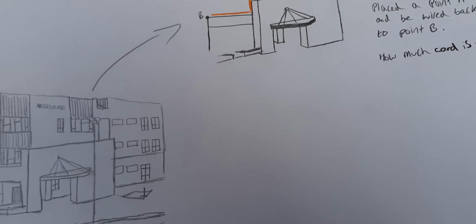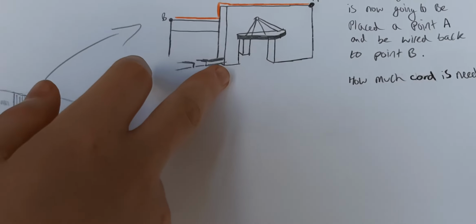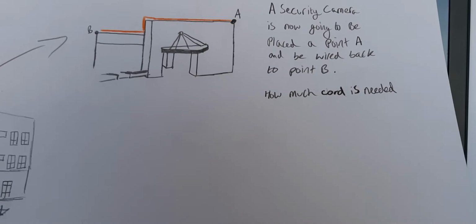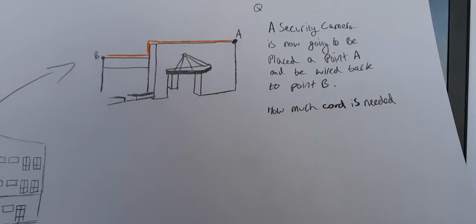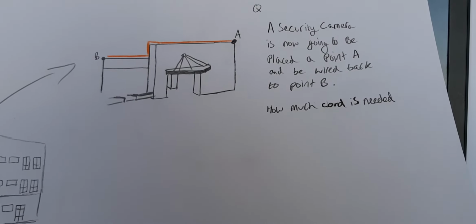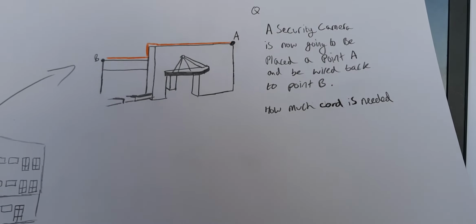After I did the sketch of the school building, I did a zoom-in sketch of just the entrance part right here. So the question is here. A security camera is now going to be placed at point A and will be wired back to point B. How much cord is needed?